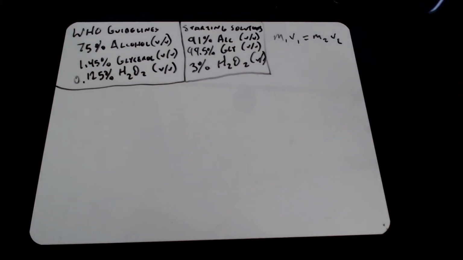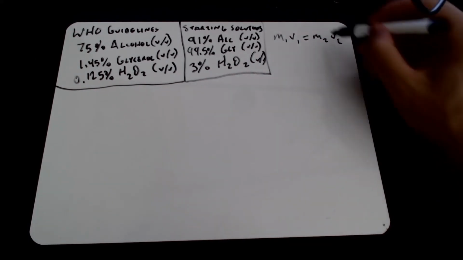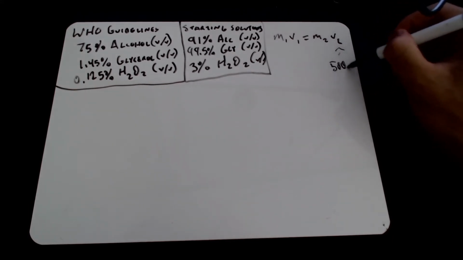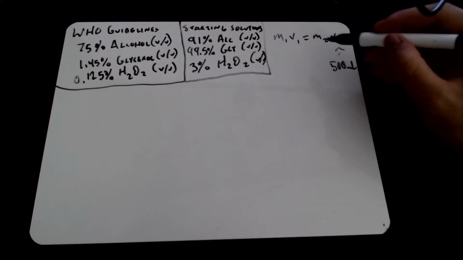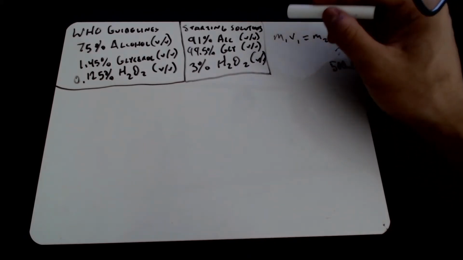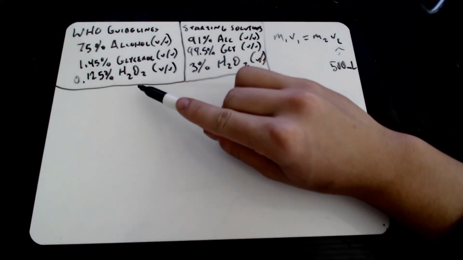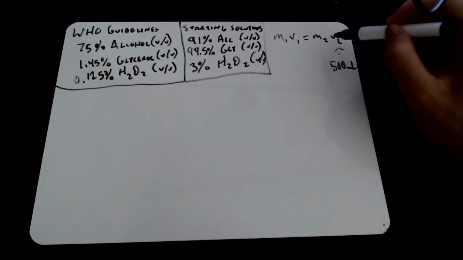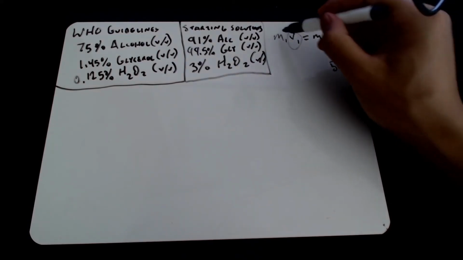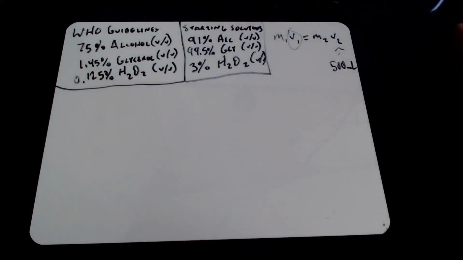Here we're doing a 500 milliliter preparation of hand sanitizer, so the final volume will always be 500 milliliters. M2 is the concentration of our final product, so we're just going to plug in the WHO guidelines into M2, and then we're going to be solving for V1 with M1 being our starting concentrations.